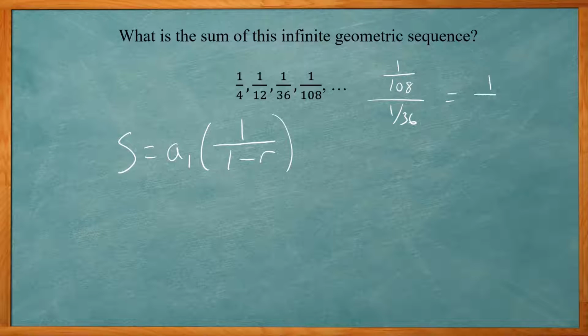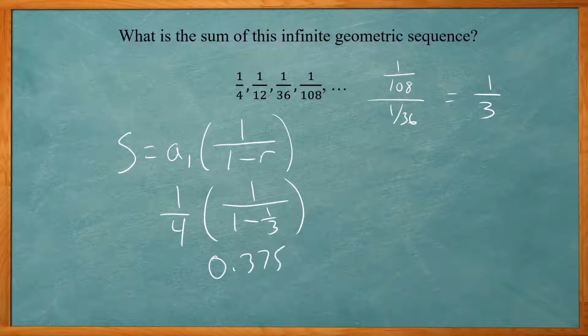That's going to give us 1/3. So r is 1/3. a_1 is 1/4. So 1/4 times 1 over 1 minus 1/3. That gives us 0.375. If you convert that to a fraction, that becomes 3/8.